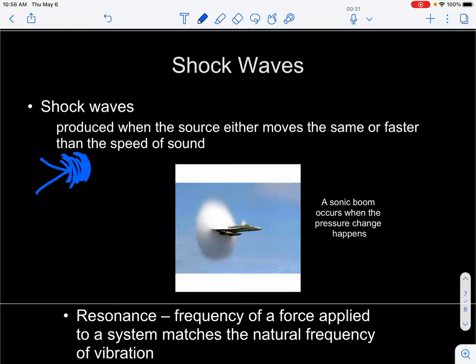These waves are going to continue around the plane. And as they go to the back, remember, it's going away from that area.